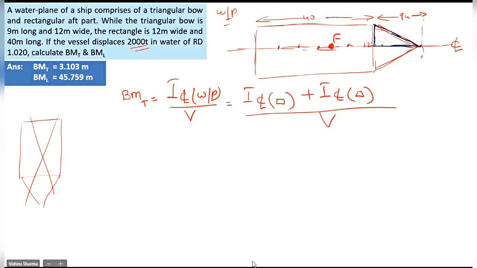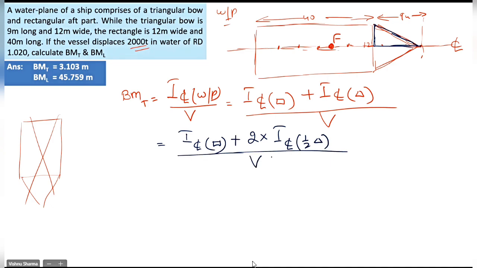So the formula gets modified like this: ICL of the rectangle plus 2 into ICL of half triangle. Do you agree with me, beta? Because both triangles are identical then.